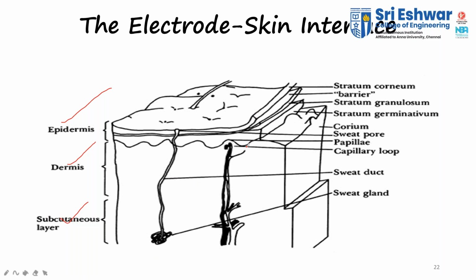These are the capillary loops, papillae, sweat pore, corium, stratum germinatum, and stratum granulosum. These are all layers present under your skin. What we are going to do is paste the gel over this place, the electrolyte gel on the skin surface. This is said to be the interface between skin and electrode.